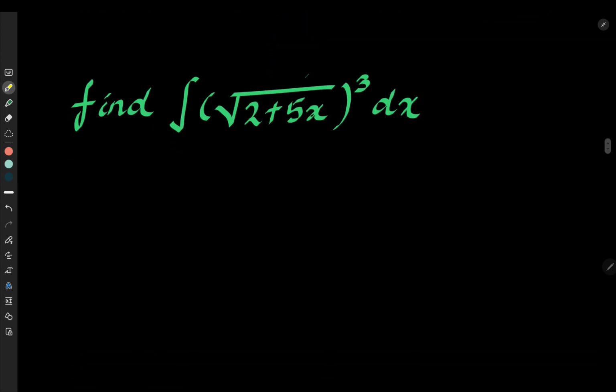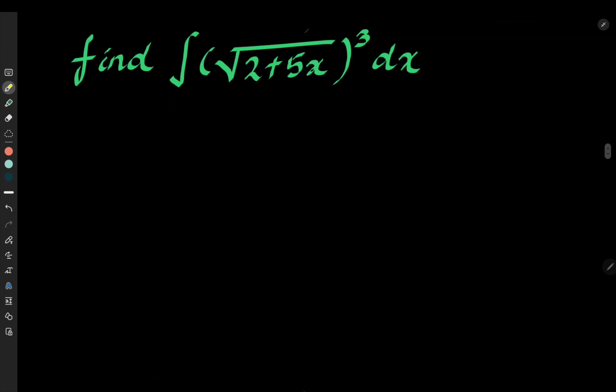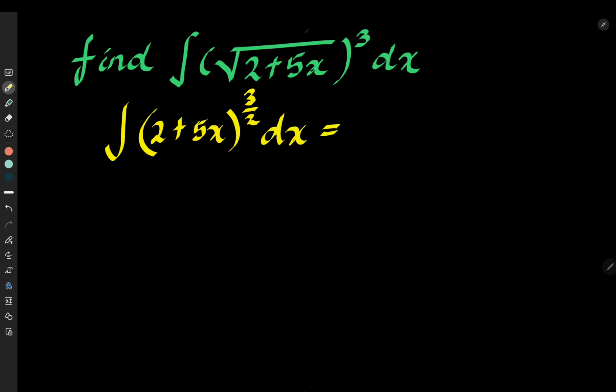Now moving on to the third example. Once again, we are asked to integrate the square root of (2 + 5x)^3 dx. Before you integrate, apply the laws of indices so that you remove that square root. That becomes (2 + 5x)^(3/2) dx.